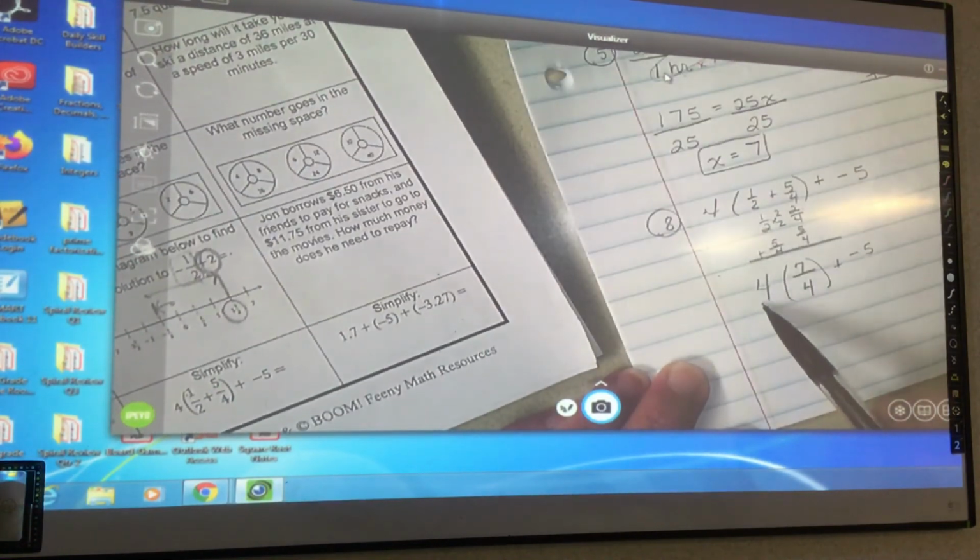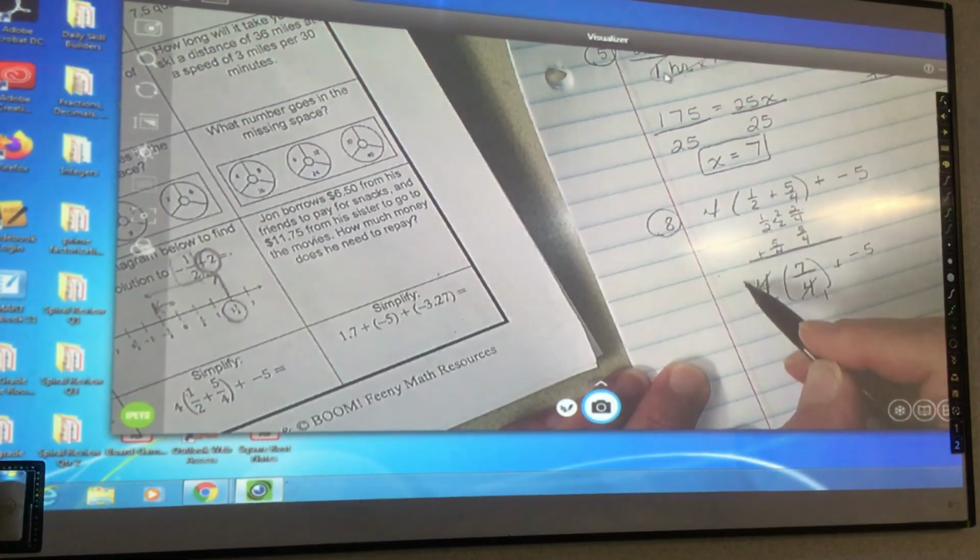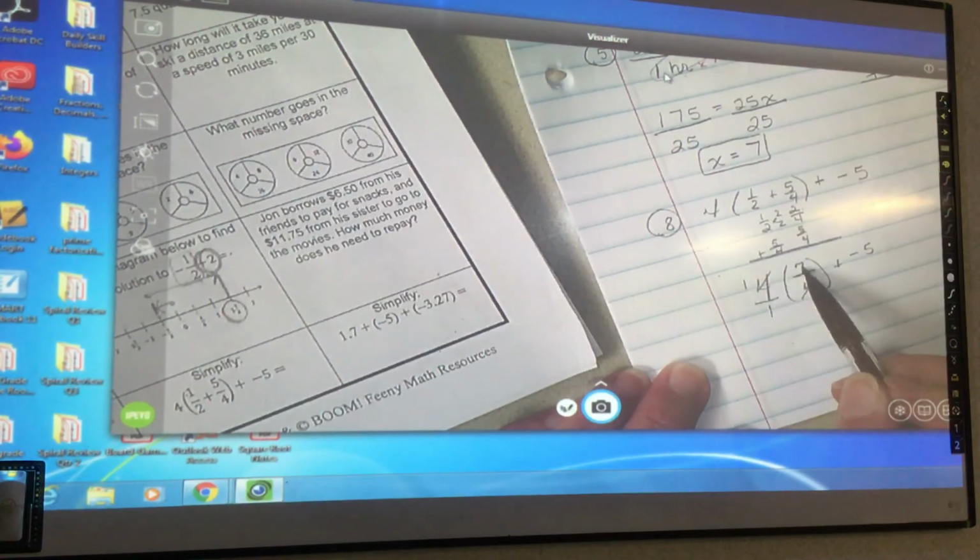So now I take a whole number times a fraction. Put 4 over 1. I'm going to reduce this 4 and this 4 by 4. So that becomes a 1. This becomes a 1. So 1 times 7 is 7. 1 times 1 is 1. So if you have 7 over 1, that's just 7. So now I have 7.